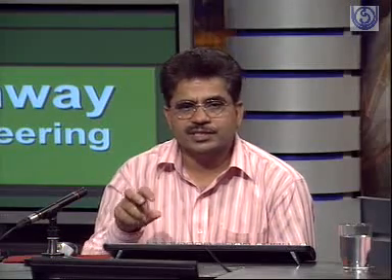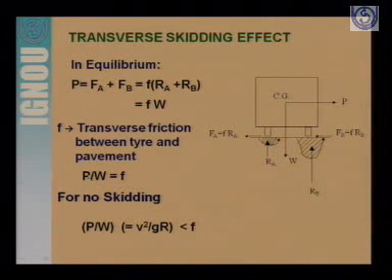So you can replace RA plus RB by the weight of the vehicle W. Finally, in equilibrium, P equals F W, where F is the transverse friction between tire and pavement. If you take the ratio P by W, then P by W is F, the transverse friction between tire and pavement.